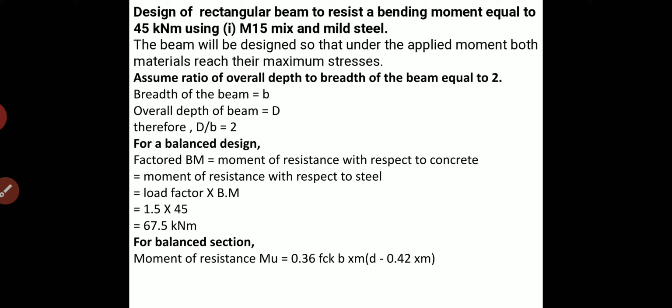Here the load factor taken is 1.5 and the bending moment given in the question is 45 kilonewton meter. So put these values and calculate: 67.5 kilonewton meter.